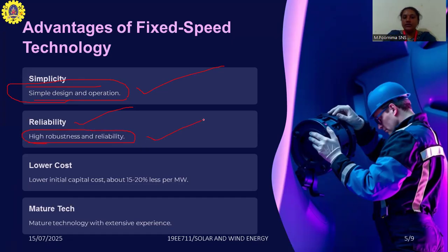Then low cost: the low initial capital cost is about 15 to 20% less per megawatt. And it is a mature technology with an established manufacturing base. These are the advantages of fixed speed technologies.